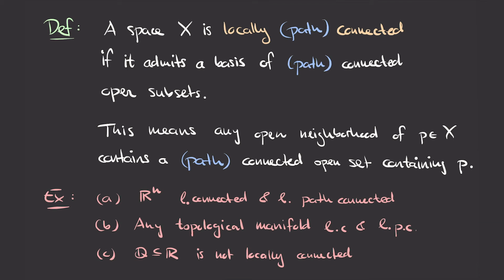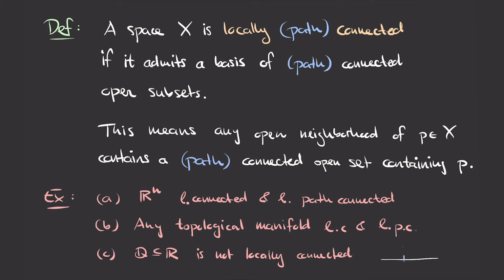The last example is of a space that is not locally connected, namely the rationals considered as a subspace of the reals. The reason for this is similar to the argument we presented when we showed that the rationals as a subspace have infinitely many components.